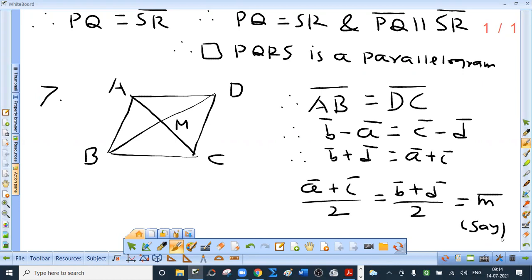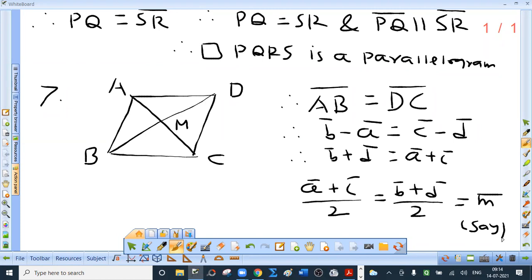Why? Because M bar is the position vector of the point M, which happens to be the midpoint of both the diagonals. Simple. Next line. This shows that diagonals bisect each other. I hope you are getting this.